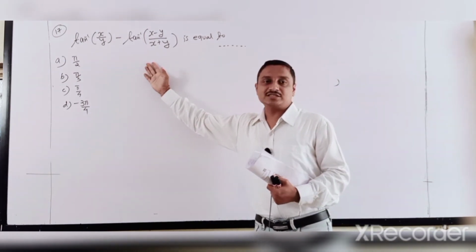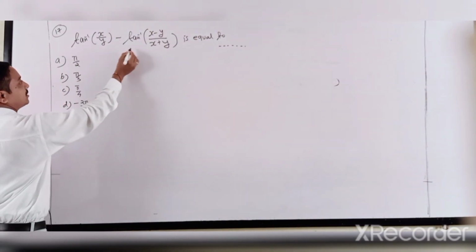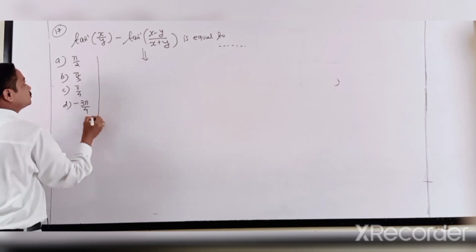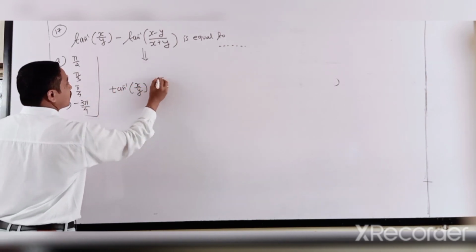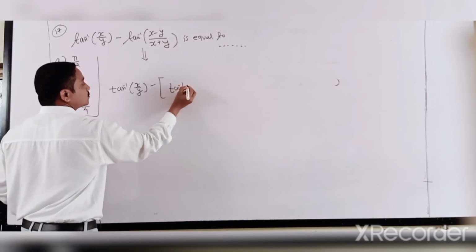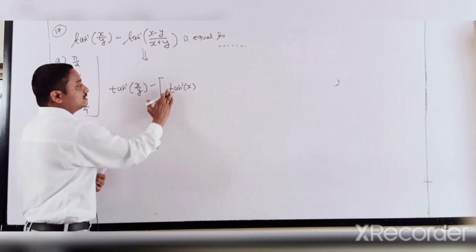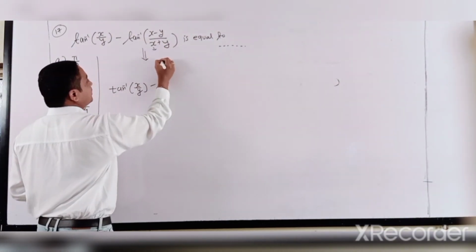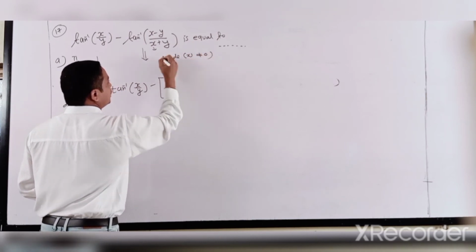So I just start question 17. Tan inverse of x by y, same. Here apply the properties. So tan inverse x by y, and here minus tan inverse x. If you obtain it, so definitely first you divide x in numerator and denominator.